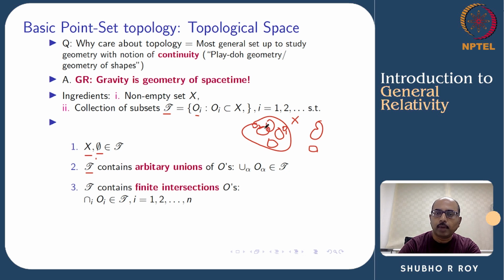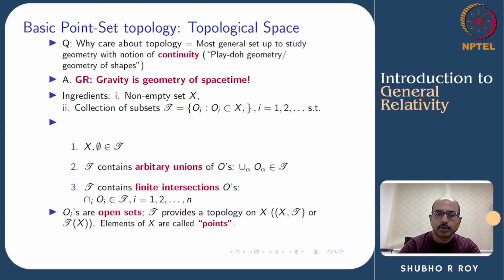So we specify a certain number of subsets, and then we also include their unions, the union of an arbitrary number of such subsets, and the intersection of a finite number of such subsets. Once we have that, we have converted X into a topological space.